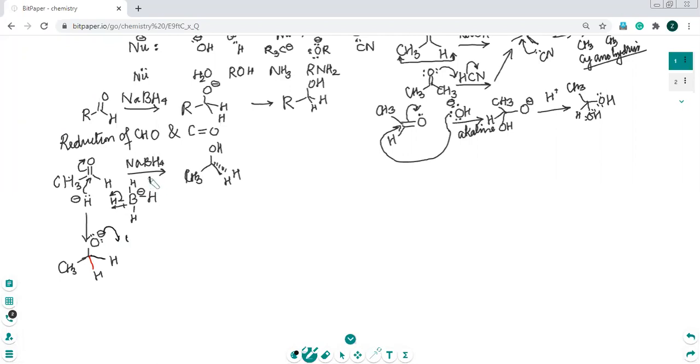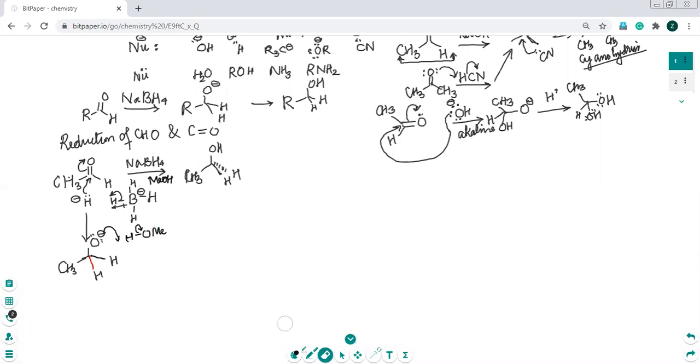Normally methanol is the solvent. The methanol will get deprotonated to form OMe minus. Here it is.